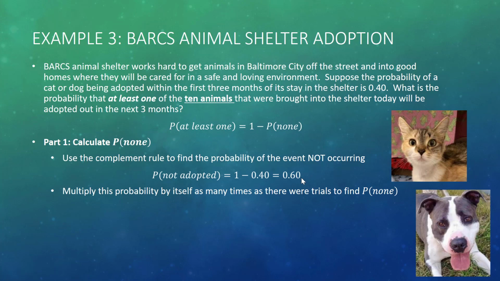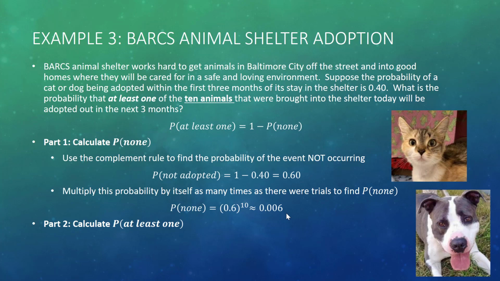Then we multiply the probability by itself as many times as there were trials. How many trials were there? Well, there were 10 trials because we're talking about 10 animals and we're treating them as independent. So this time we're going to use that mathematical shortcut. Instead of multiplying 0.6 by itself 10 times, we're going to raise 0.6 to the 10th power. So doing that, we find that the probability that none of these 10 animals gets adopted out in the next 3 months is about 0.006.